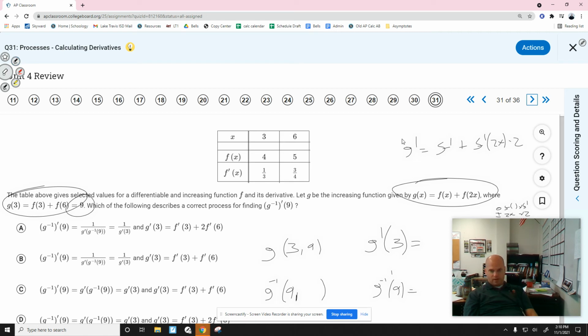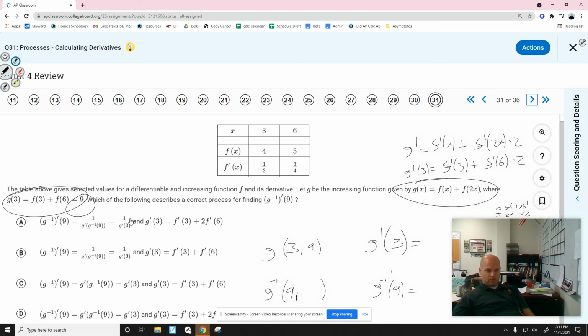So this is f prime of x, and then I'm going to plug in 3 into that: f prime of 3 plus f prime of 6 times 2. Okay, so I want 1 over g prime of 3. Don't worry about all this extra stuff. This is coming from the formula. They aren't even giving us values, but g prime of 3 should be in the bottom.